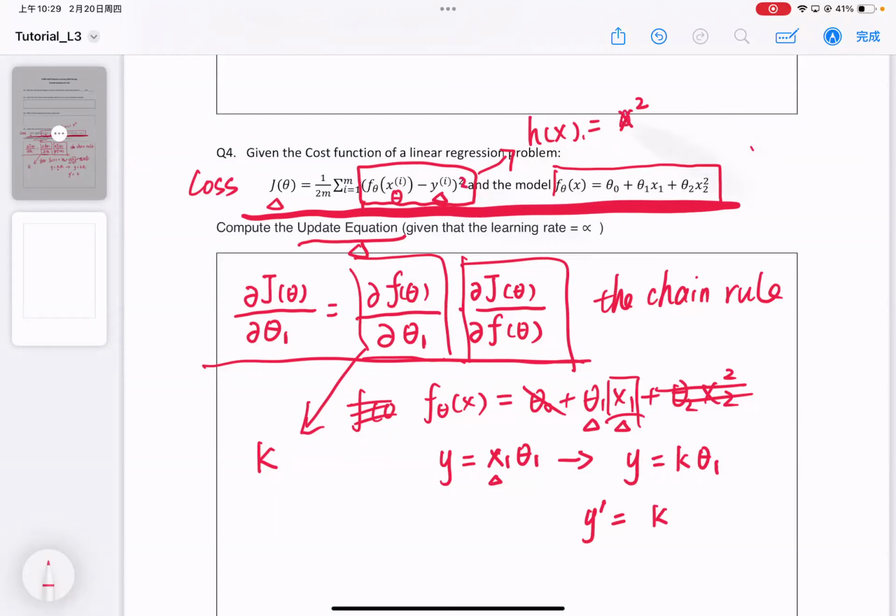So it's something like theta squared. That's why we have two factors here. When we're doing the derivative of h(theta), it is equal to 2 theta, right? Sorry, yeah, 2 theta.